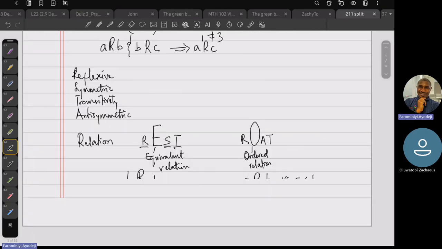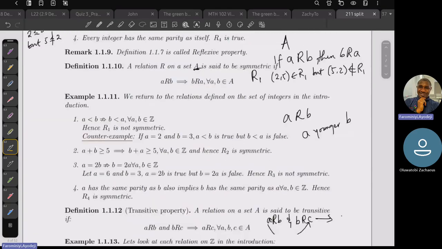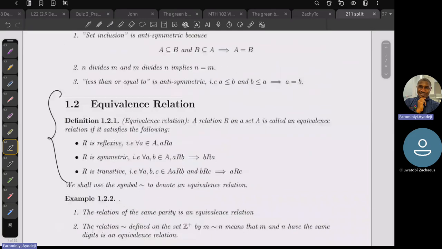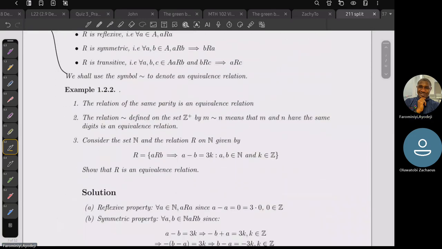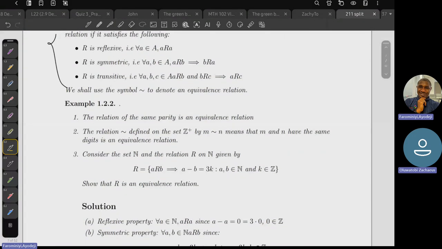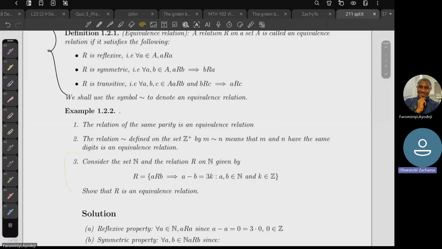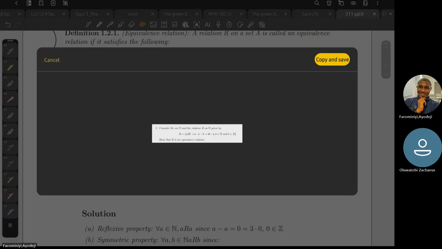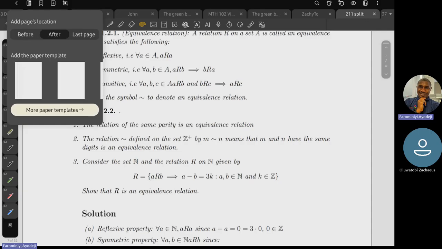Or maybe we should do one of the proofs for you to see what I'm talking about. So let's see this number 3. Let's look at this number 3 and end it there.